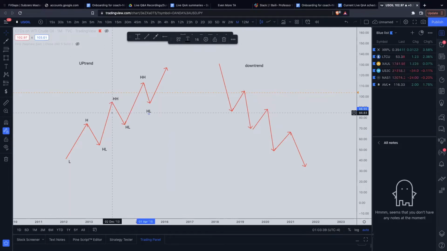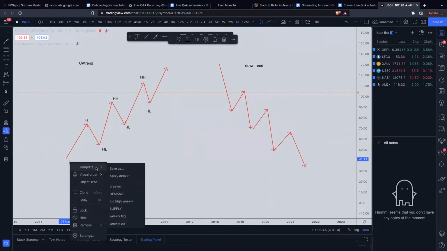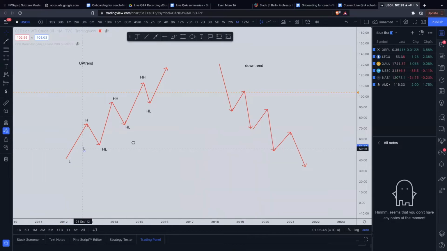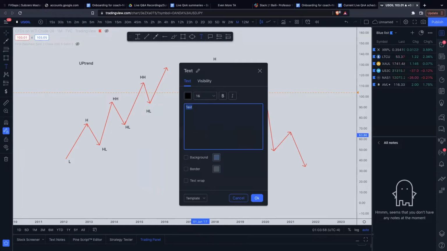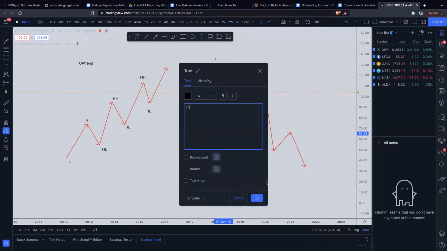So when the market is making higher lows and higher highs, you have an uptrend. On the reverse end, we have our downtrend, and it's going to be making lower lows and lower highs.